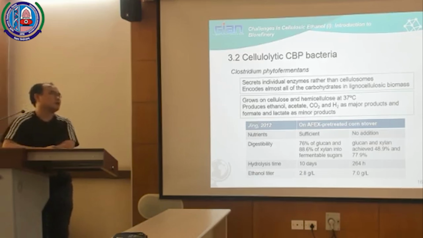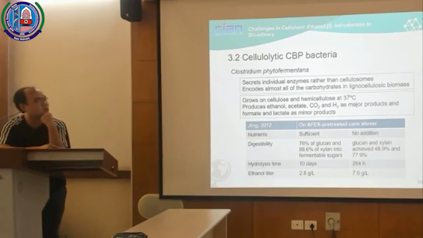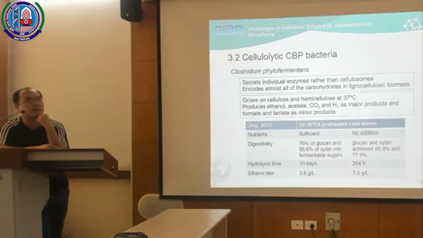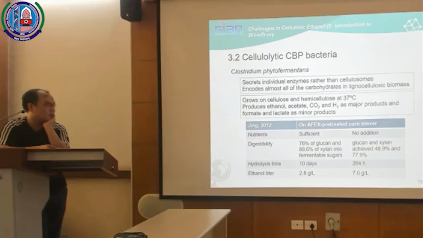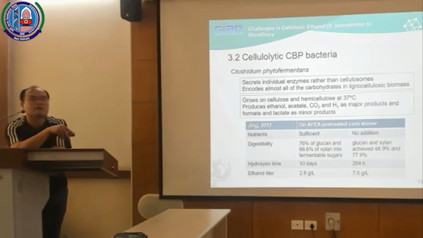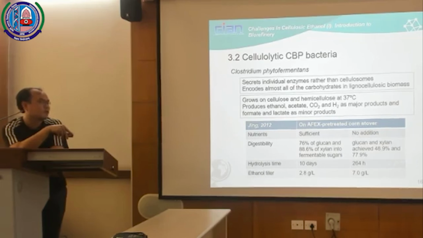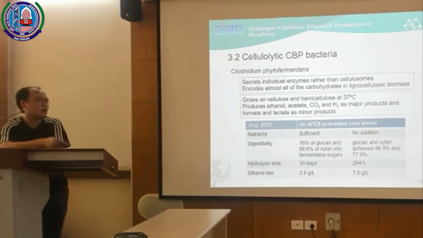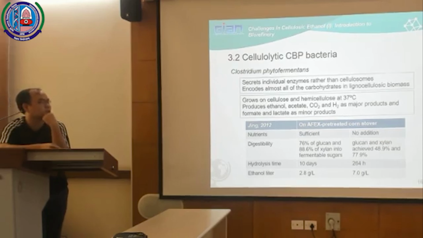It grows on cellulose and hemicellulose at 37 degrees centigrade and produces ethanol, acetate, carbon dioxide, and hydrogen as minor products. It is a very good candidate for the CBP purpose. However, it usually requires a very long time, for example, several days, to accomplish the conversion of biomass to ethanol, and the ethanol titer is usually not higher than 10 grams per liter.